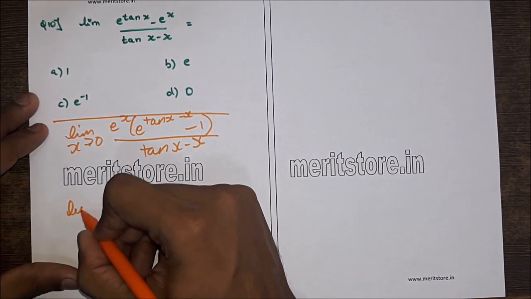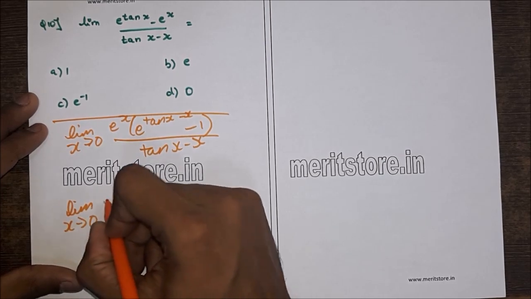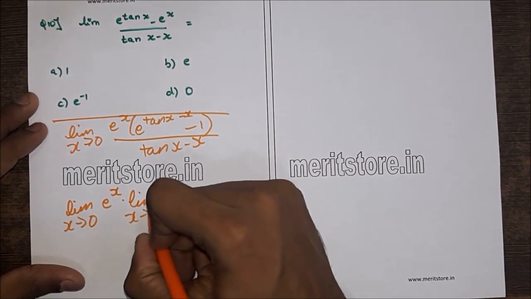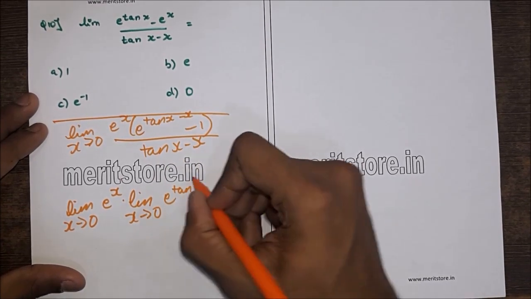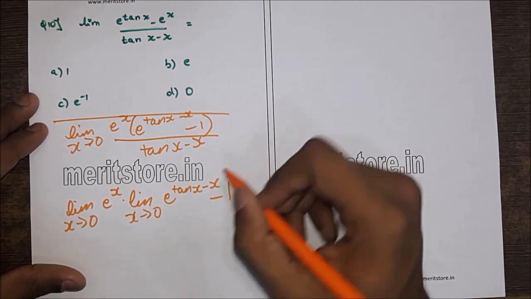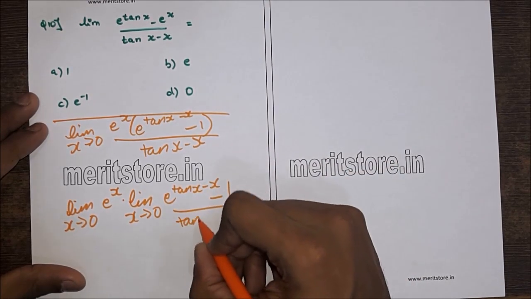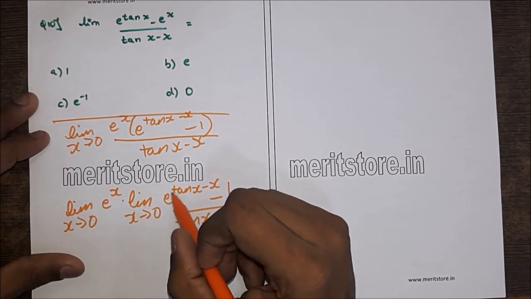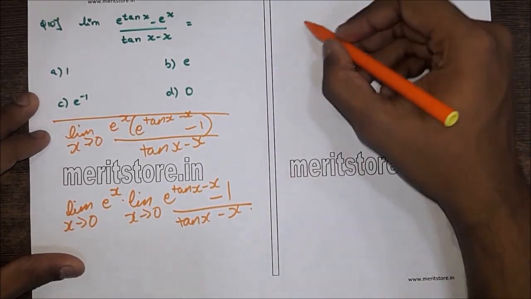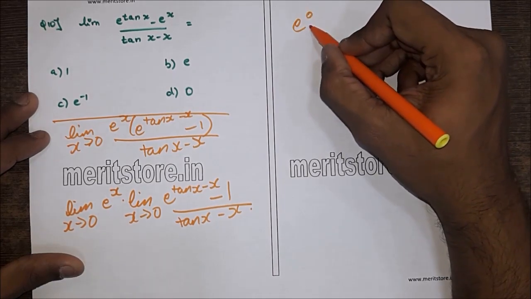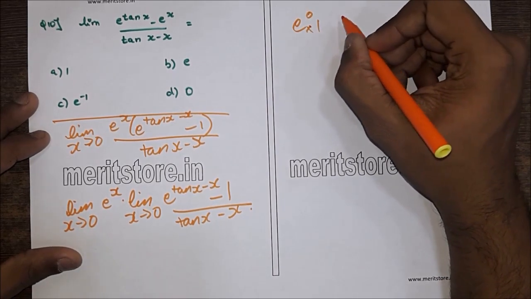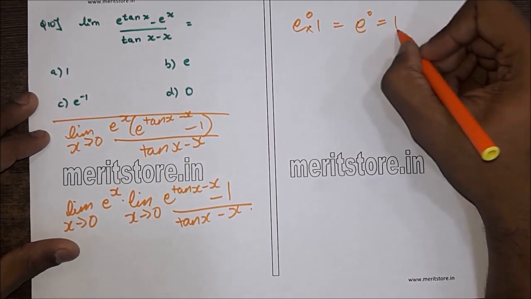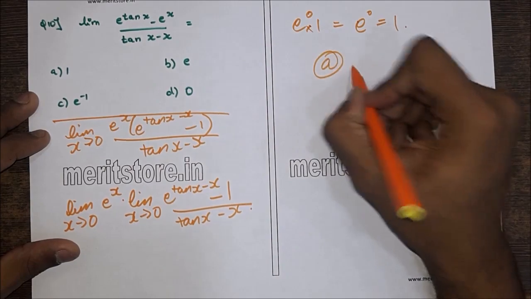That on solving gives us limit of x tends to 0, e raised to x, limit of x tends to 0, e raised to tan x minus 1 upon tan x minus x. Applying the limit of x tends to 0 on this equation, we are left with e raised to 0 into 1, which is nothing but e raised to 0, which is 1, option A.